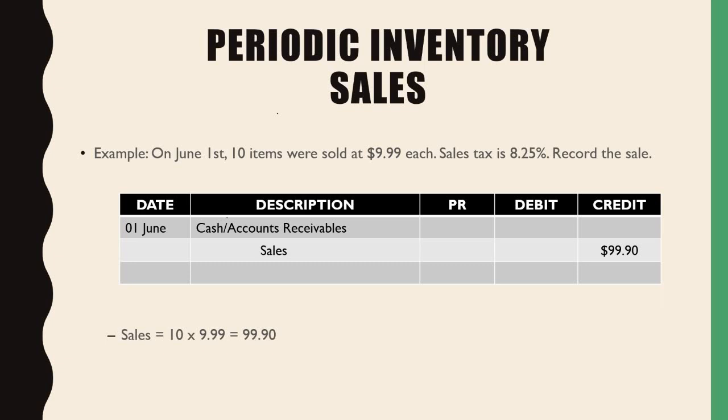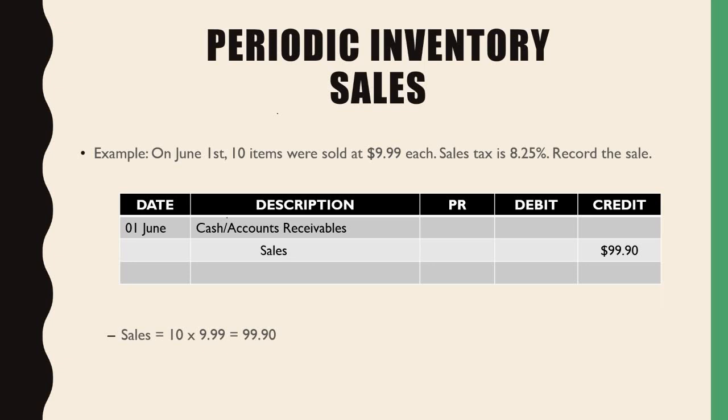So in this case, what is my sales? If I sold 10 items at $9.99 each, I multiply that together and that gives me a total of $99.90. I put that into my credit side because I increased my sales because I sold something.